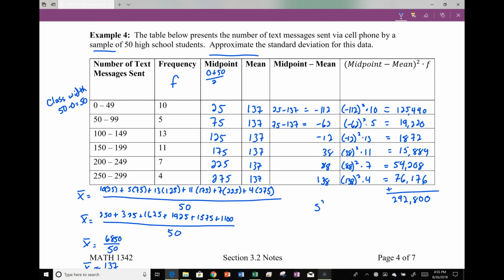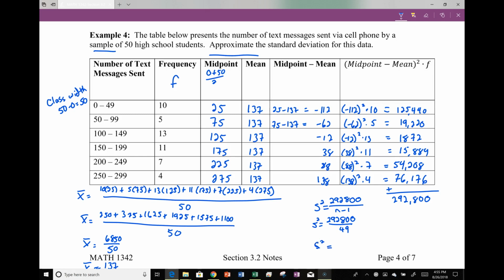So that means I'm going to find the sample variance first. I'm going to take 292,800, and since this is a sample, I'm going to take my n minus 1. So if I add all these up, hopefully I get 50. I'm going to subtract 1. So I'm going to have 292,800 divided by 49.